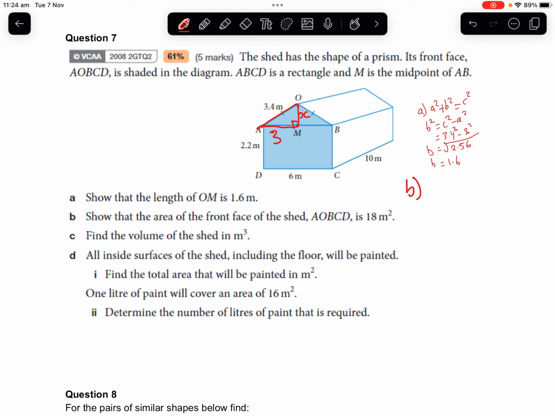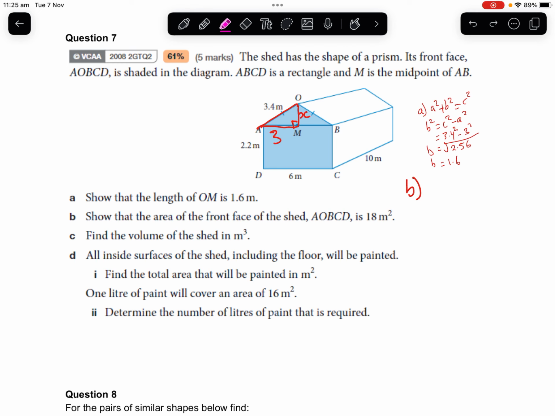B. Show that the area of the front face of the shed, AOBCD, is 18 meters squared. We need to show that the shaded front side of the shed equals 18 meters squared.